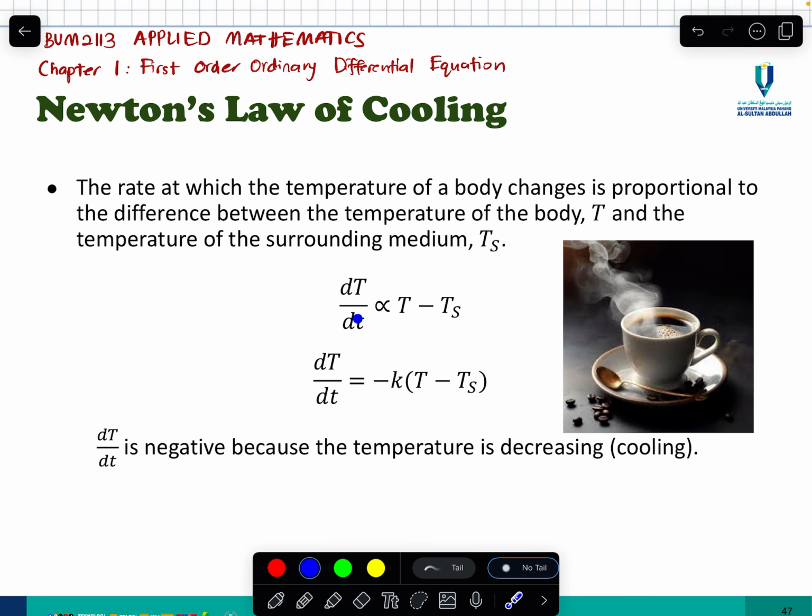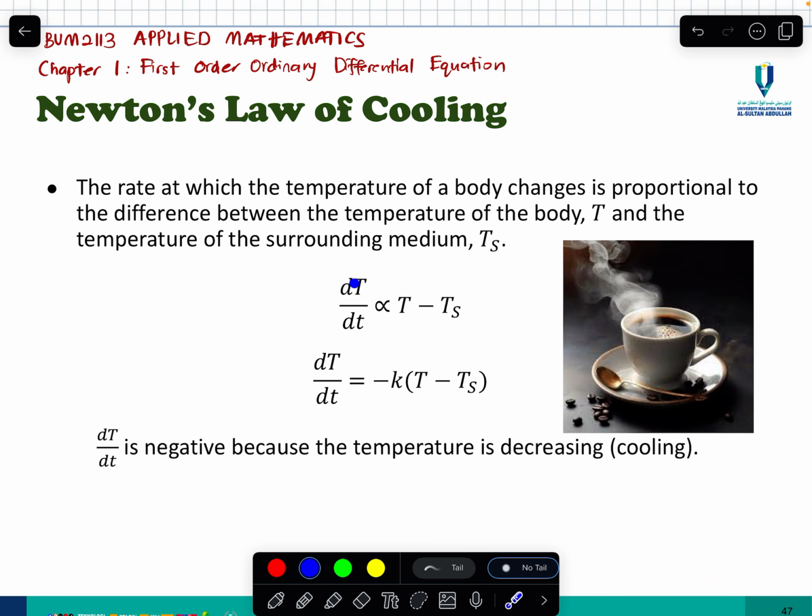dT/dt represents the rate at which the temperature of a body changes, proportional to the difference between the temperature of the body, T, and Ts, the surrounding temperature.